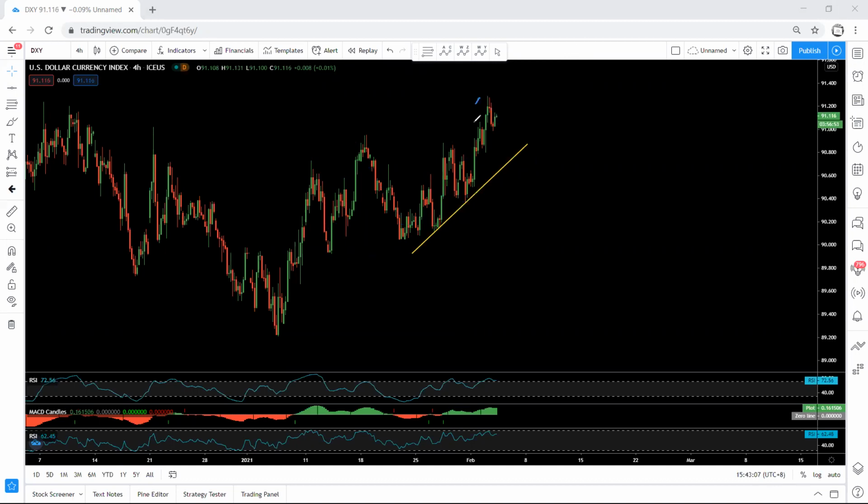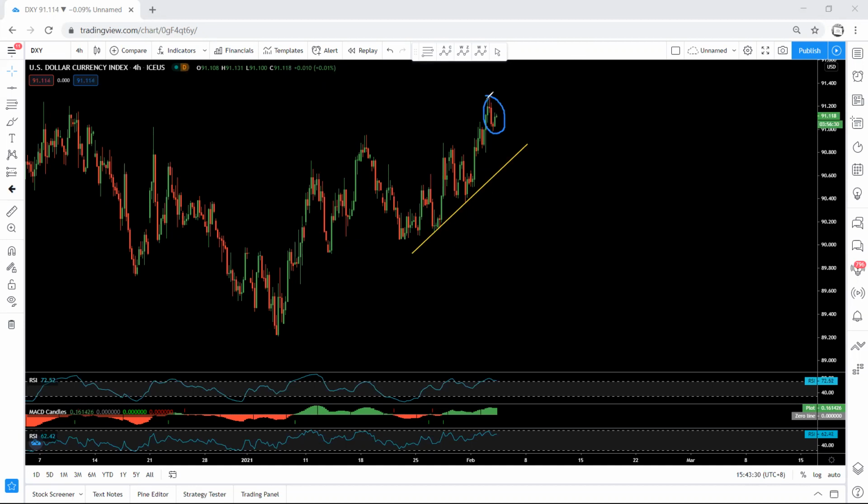Or even based on the first option, maybe this is the start of the move. But still we can expect the price can come to this, because we're still expecting that we will get the bigger correction. Whether we get it or not, we need to see what we will have here.